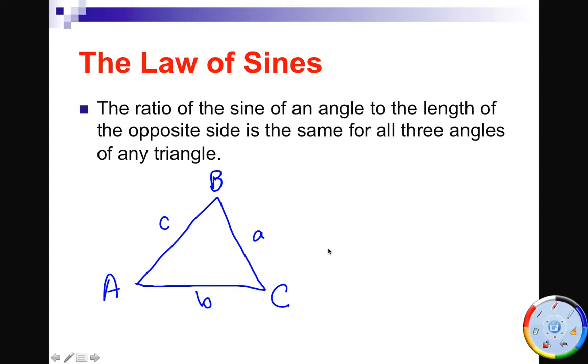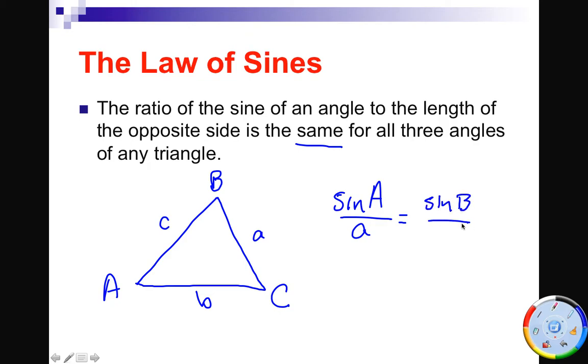What this is basically saying is, first of all, the ratio, and ratio just means fraction, of the sine of an angle, so the sine of some angle, let's call it A, to the length of the opposite side, that's little a, is the same for all three angles.